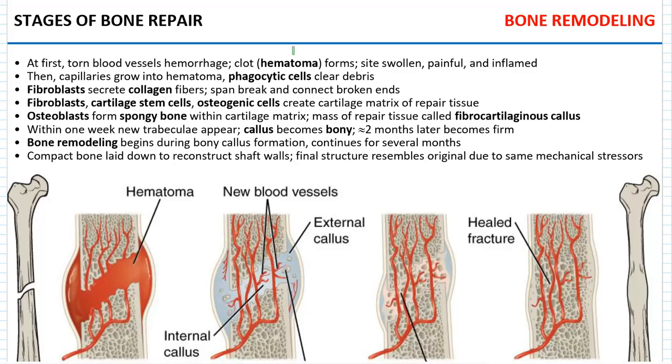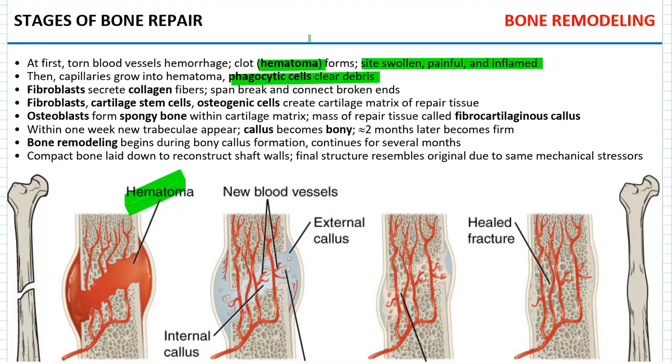Anyway, what happens when your bone is fractured? Remember, bones are very well vascularized. Okay? So first a clot is formed, a hematoma, here, between the two ends. Okay? So, if you ever broke a bone, wherever you break it, it's swollen, painful, and inflamed. Then macrophages arrive and start clearing the debris.